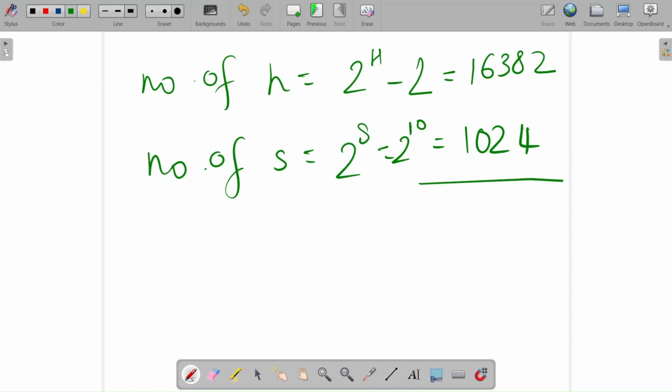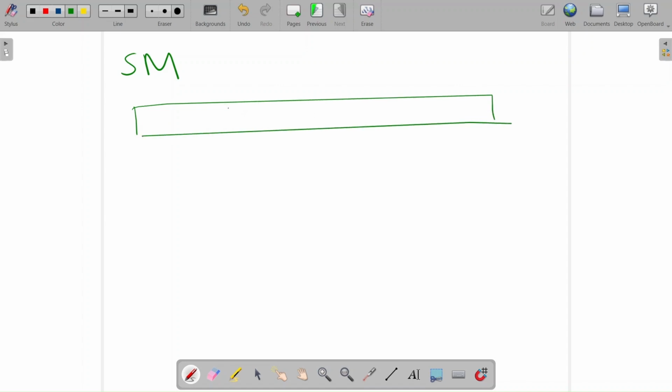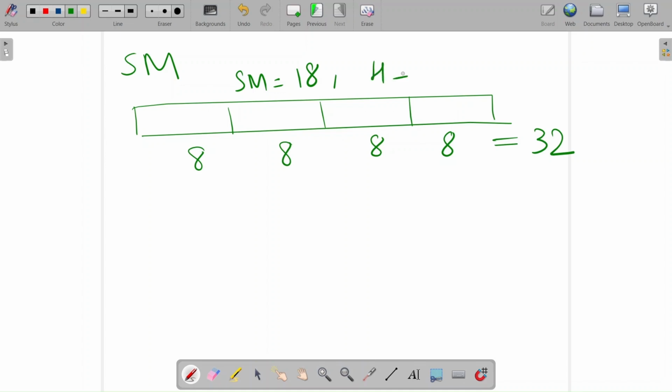Great. Next, we're going to find the subnet mask in binary form. So I'll make my rectangle, 8, 8, 8, 8, which always adds up to 32. Right. So our subnet mask length here, the number of network bits, is 18, and host is 14.